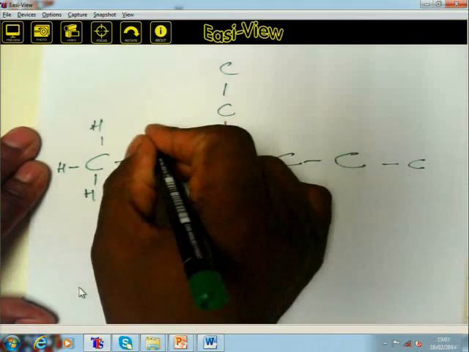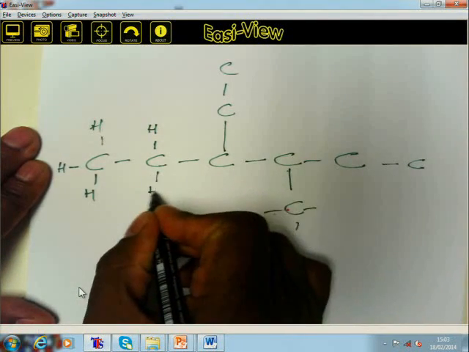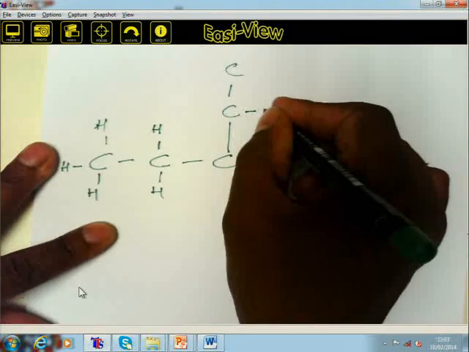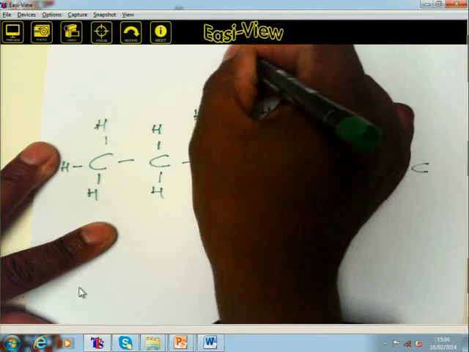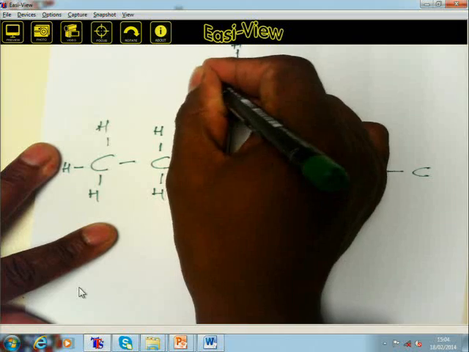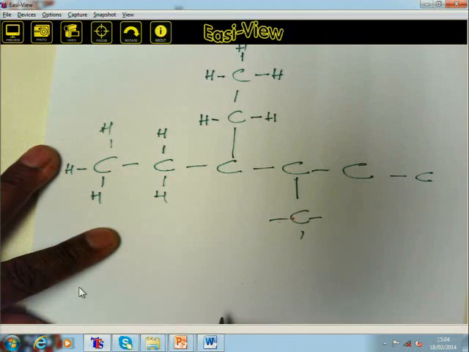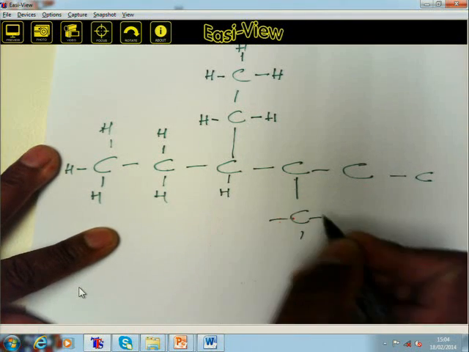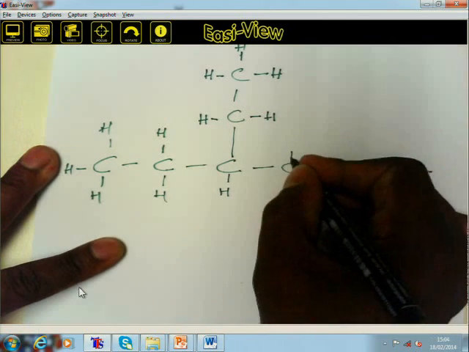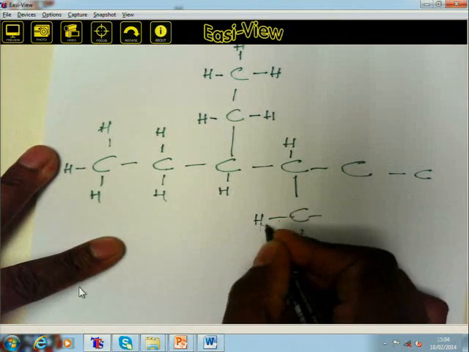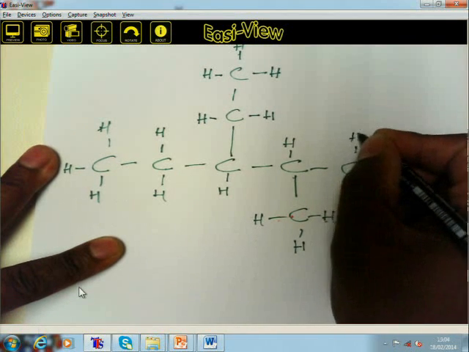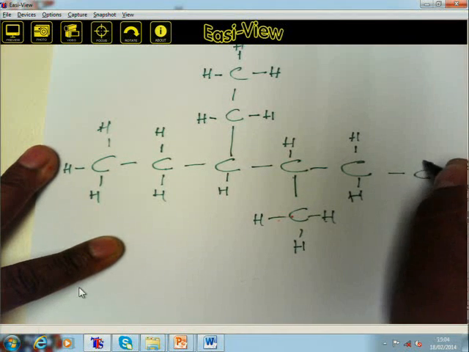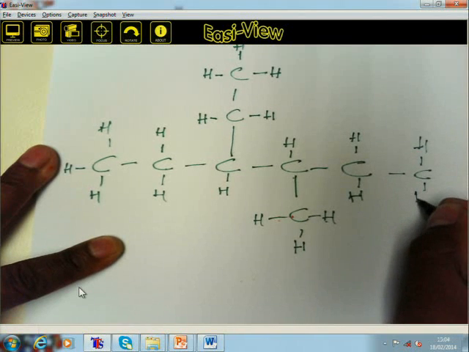You see, for each structure, I'm indicating the hydrogens. So if you don't do that during the examination, you are going to be penalized. You must show the hydrogens. Even if in class the teacher doesn't show the hydrogens, don't draw it the way the teacher is doing it. Show the hydrogens, because at the end of the year, you are the one that is going to be marked and not the teacher.